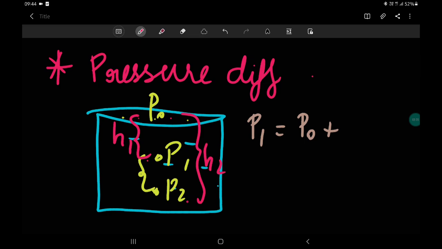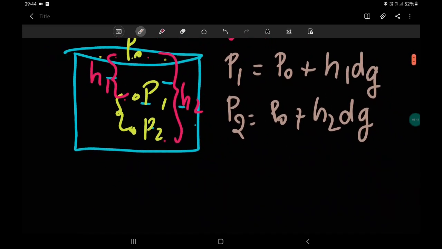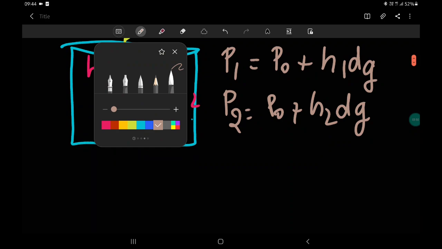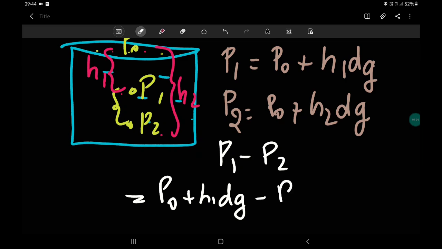So how can I write the P1 pressure? P1 is equal to P naught plus H1 dg. Similarly, P2 is equal to P naught plus H2 dg. Easy. Now, what is the pressure difference here? It is nothing but P1 minus P2, that is P naught plus H1 dg minus P naught plus H2 dg.